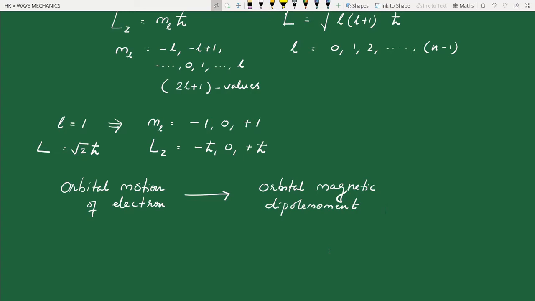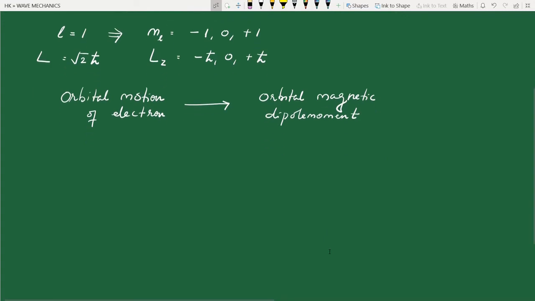So when you apply a magnetic field, this magnetic dipole moment interacts with it, and is oriented in certain specific directions with respect to the magnetic field. Let us see how we can talk about these directions.